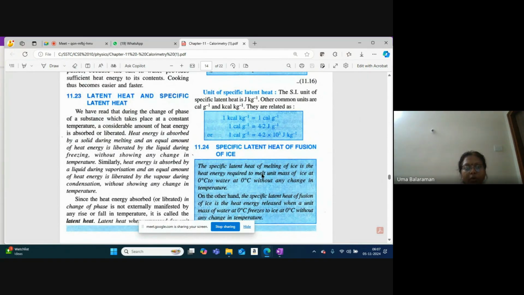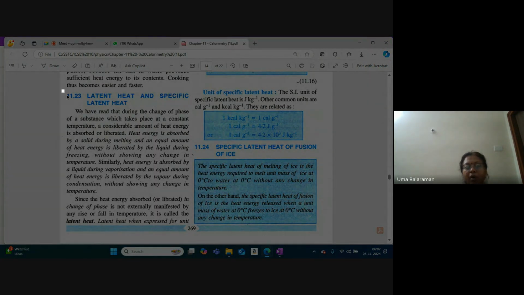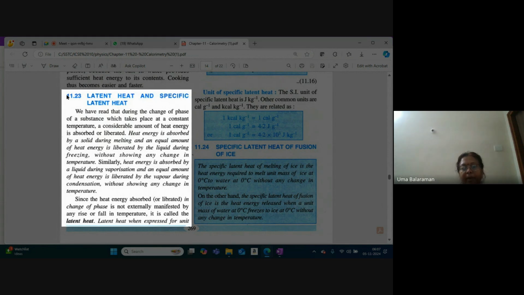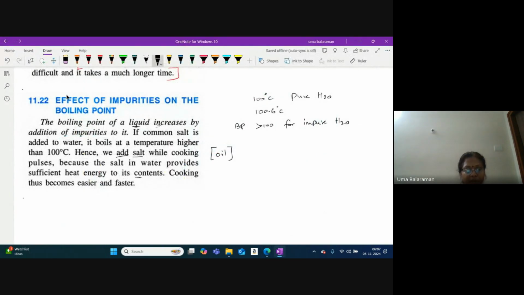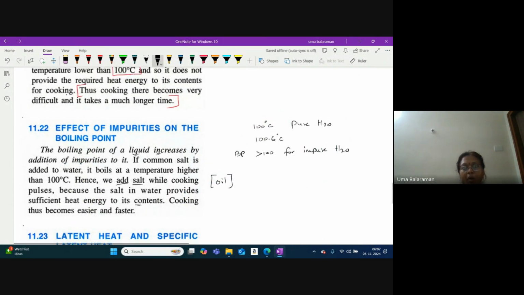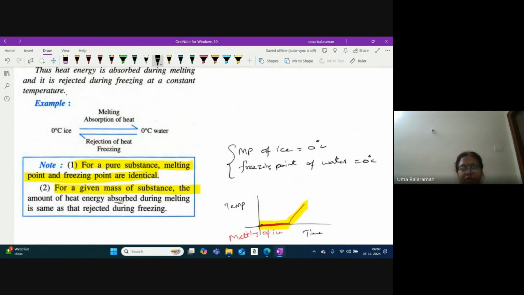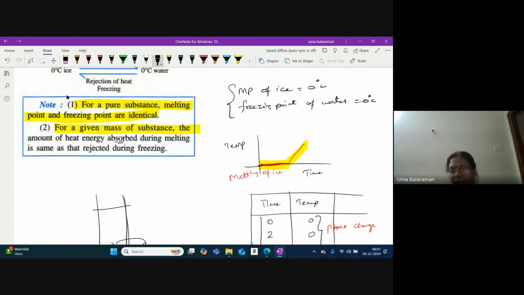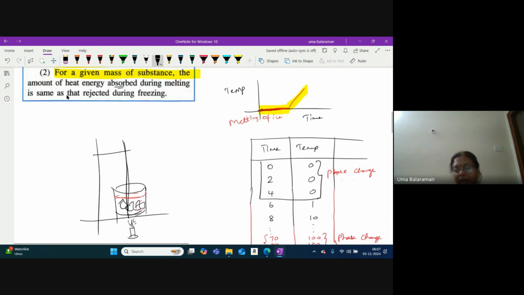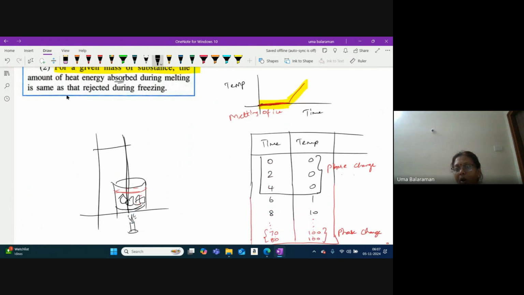Okay, now let us move on to latent heat and specific latent heat. We studied the curve of fusion, melting and boiling in the last calorimetry class. So you take ice cubes and start heating till all the ice cubes are melted.